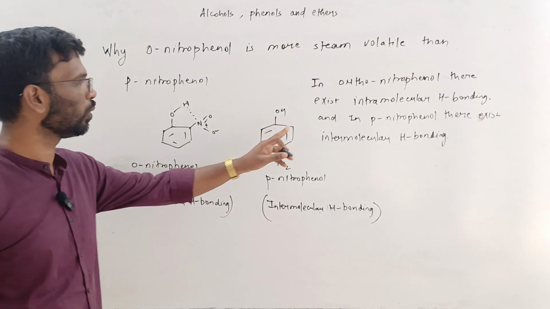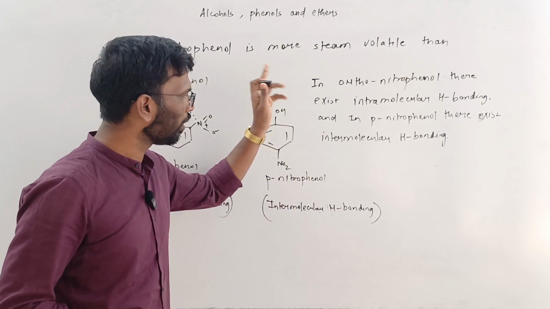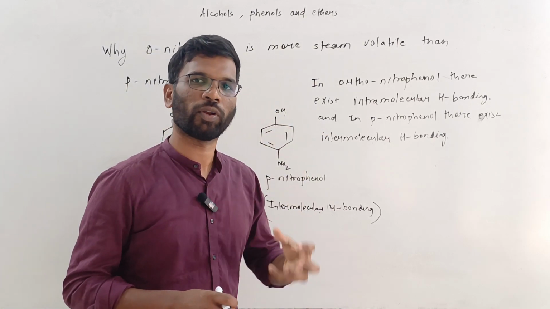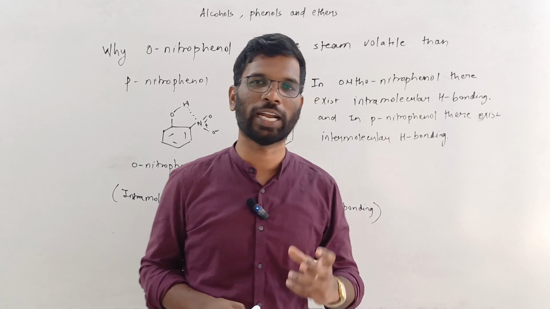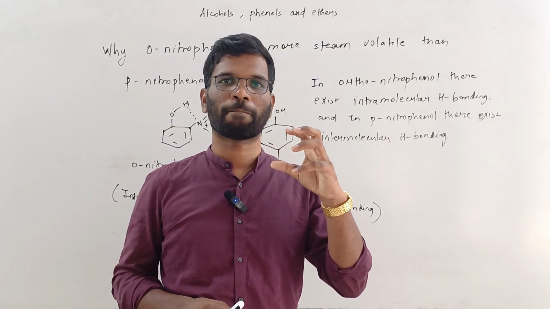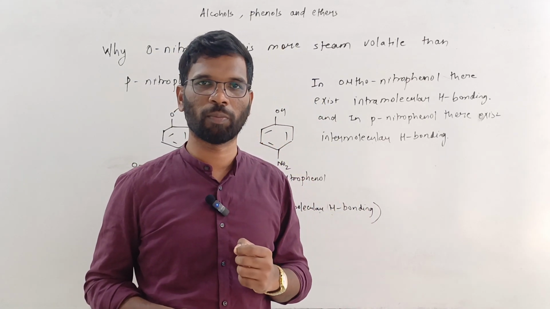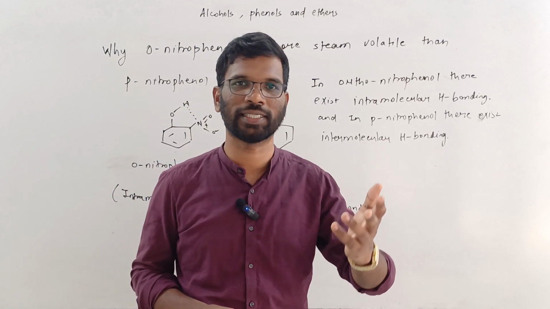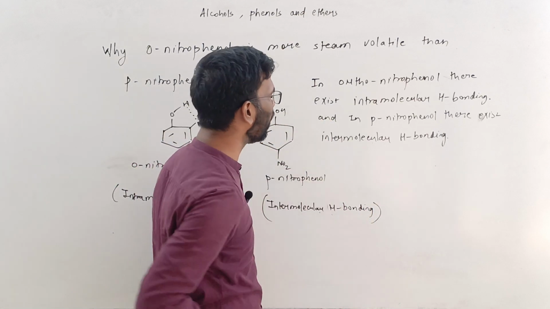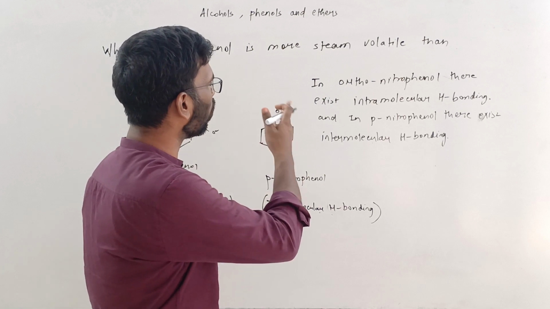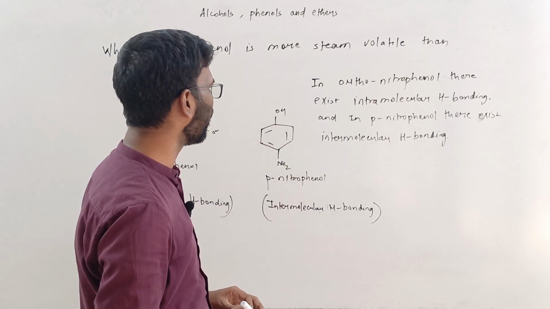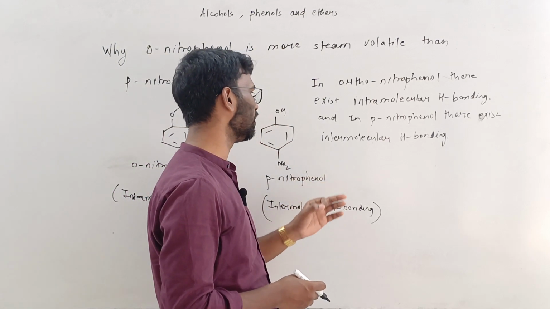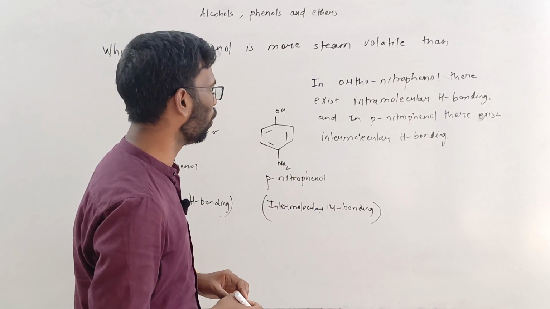So here there is intermolecular hydrogen bonding or intermolecular force that will decide what? That will decide the escape of the molecule from the bulk, right? More is the force, less is the escape. So which is more in paranitrophenol. So what we can write, in orthonitrophenol there exists intramolecular hydrogen bonding, and in paranitrophenol there exists intermolecular hydrogen bonding.